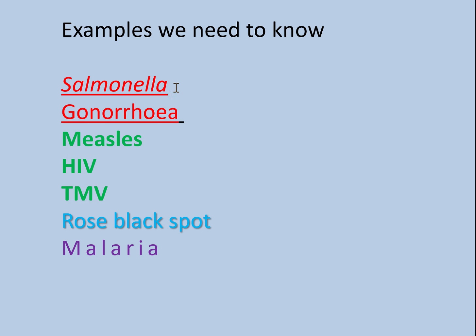I want to know just a couple of facts on salmonella food poisoning, a couple of facts on gonorrhea, and you might get that off my slide. A couple of facts on measles, again, you'll get that on my slide. A couple of facts on these others. Again, look on my slide or look things up.